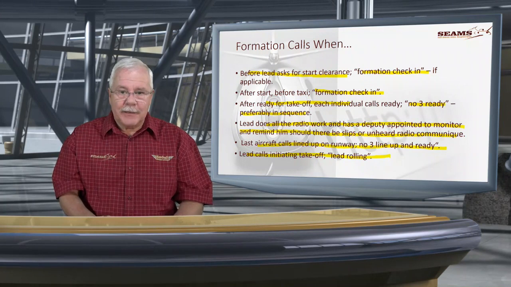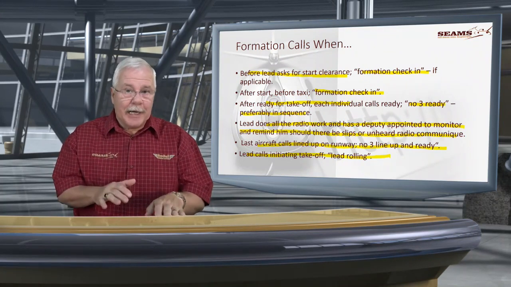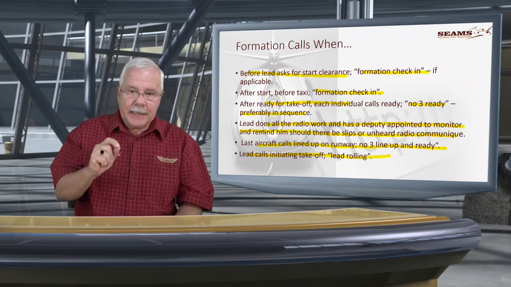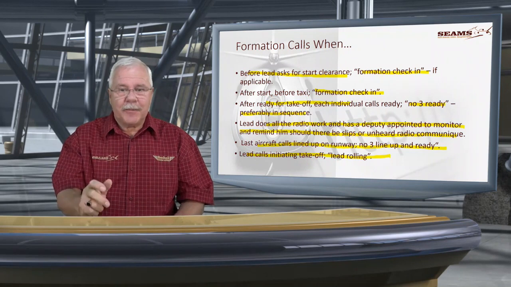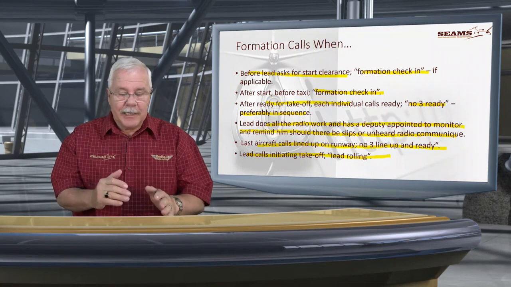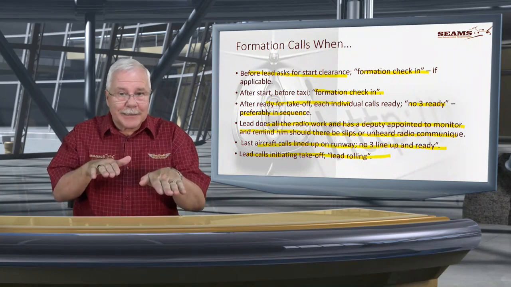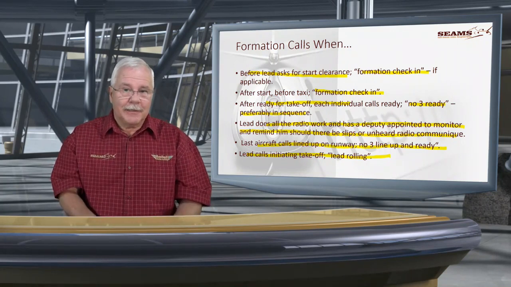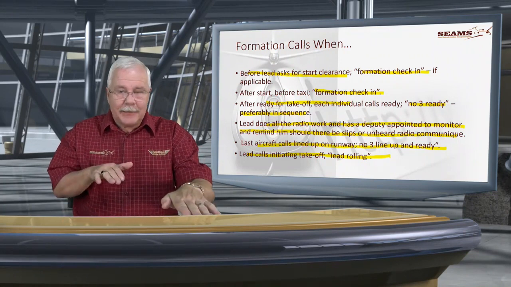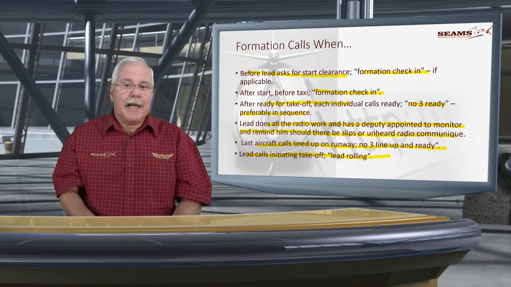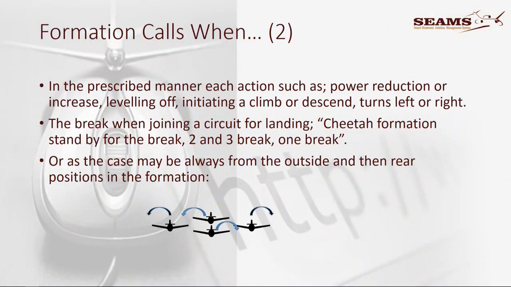After you've heard your last aircraft call ready, in other words they've lined up, lead will simply open up the throttle, the aircraft will be rolling, and now there will be the spaces in the takeoff. In the beginning, it's not a takeoff formation. The lead will run, then there's a gap, number 2 will run. But we'll talk about that a little bit later.